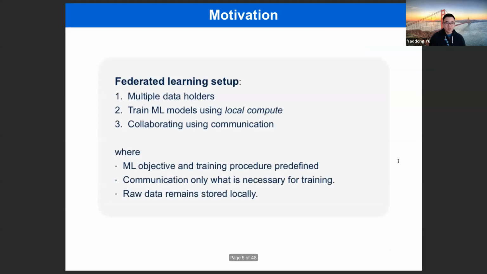I have been working on distributed optimization before, and there are some interesting differences between federated learning and distributed optimization. The thing I found quite critical in practice for federated learning is that you cannot decide how the data is distributed across different devices.